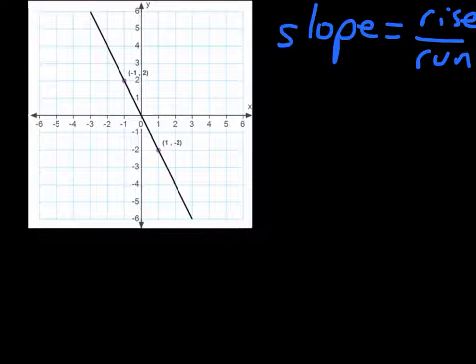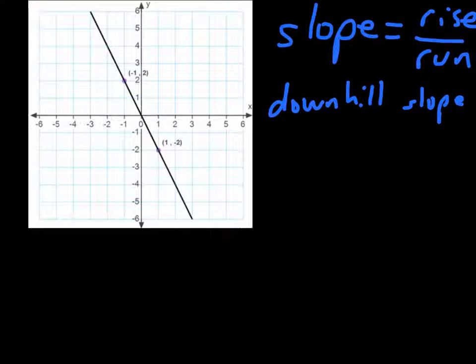In this case, it looks like the line is going downhill. So we know that a downhill slope is negative. So what is our rise? It's the difference in the y values, or the difference in the height.